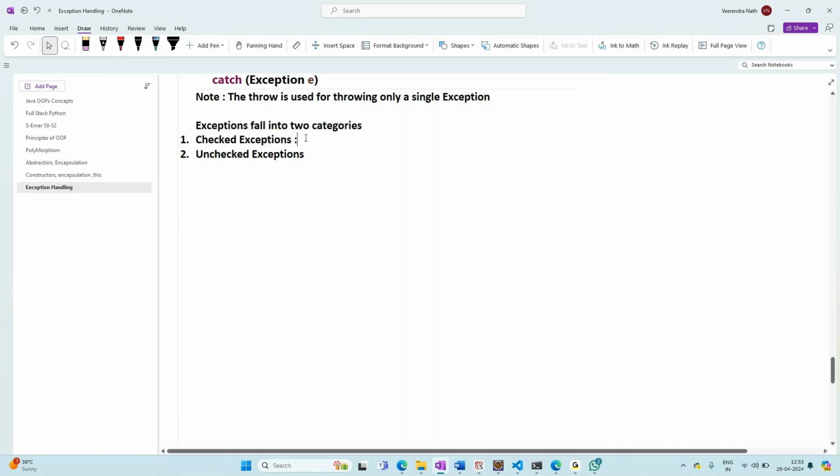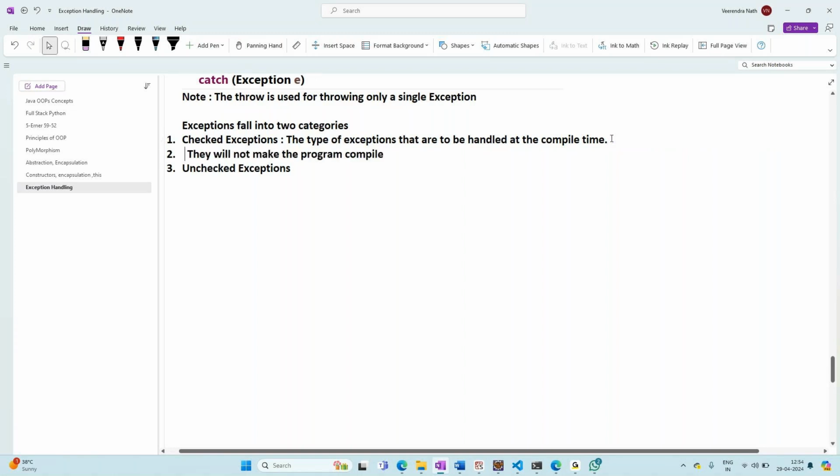The type of exceptions that are to be handled at the compile time, they will not make the program compile until the exception is handled.